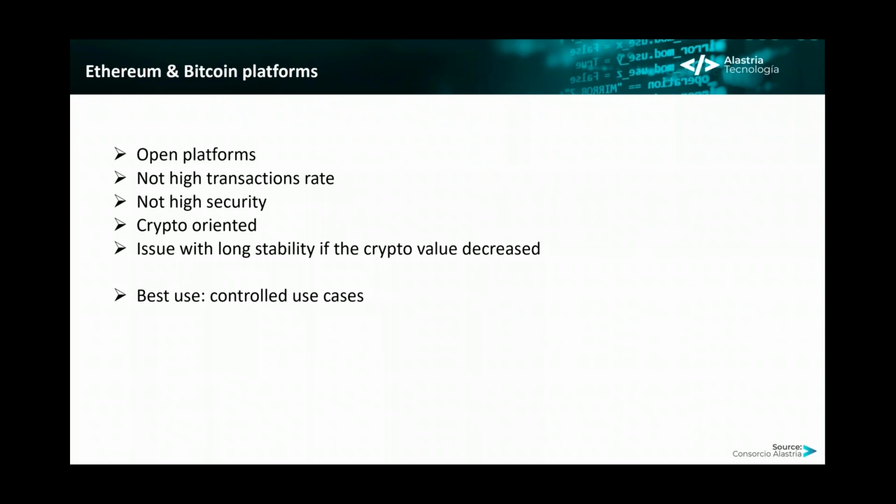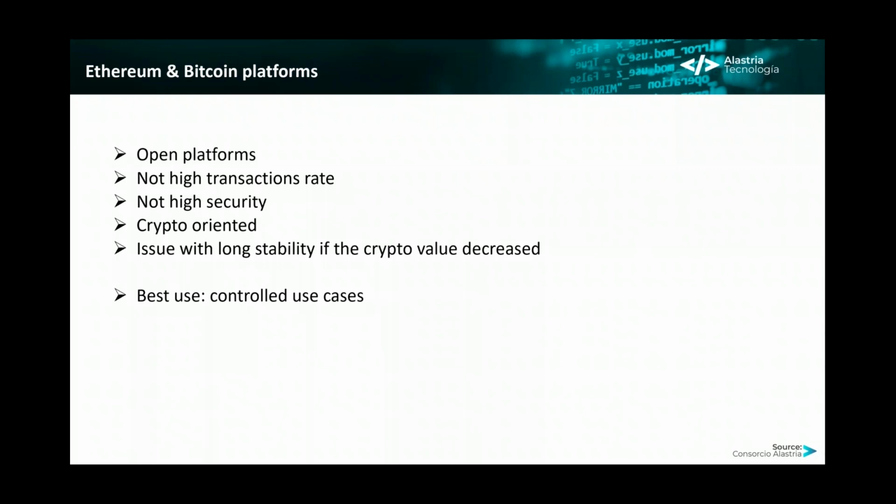That means you don't need payment in seconds or milliseconds, and you don't need a very high security system. It doesn't matter that the price of the transaction will be variable, depending on the crypto used by the network.